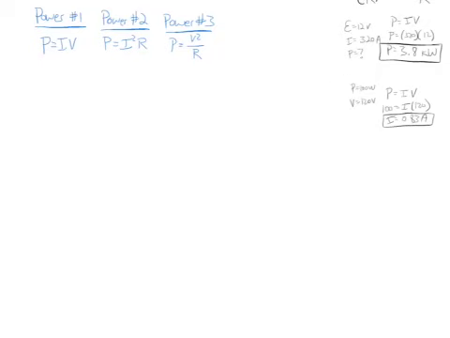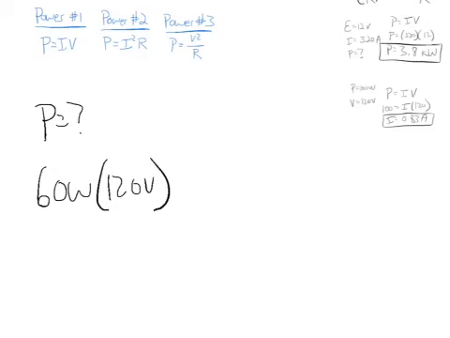In the next example then, it says how much power is dissipated. So we're looking for power. How much power is dissipated by a 60-watt light bulb when it's at 120 volts when operated using a dimmer switch at 100 volts. Okay?